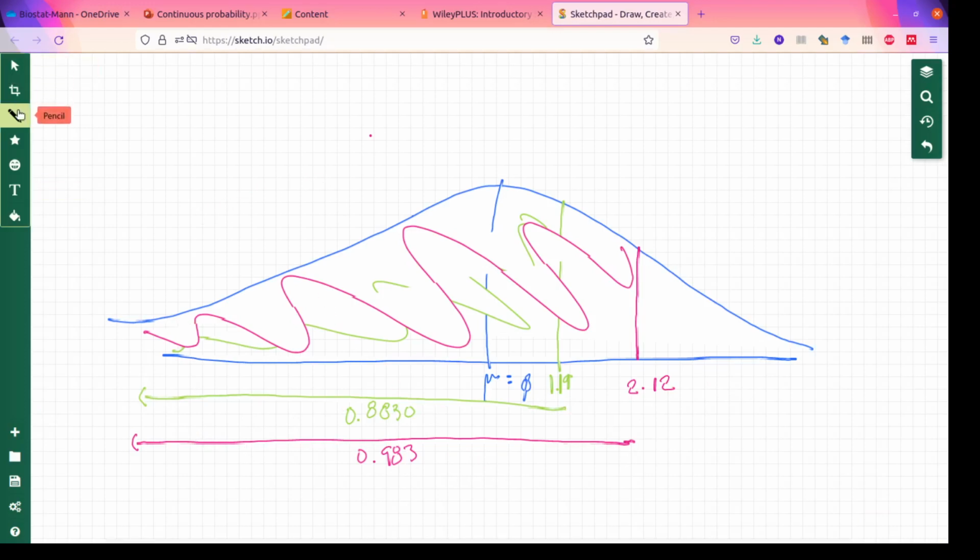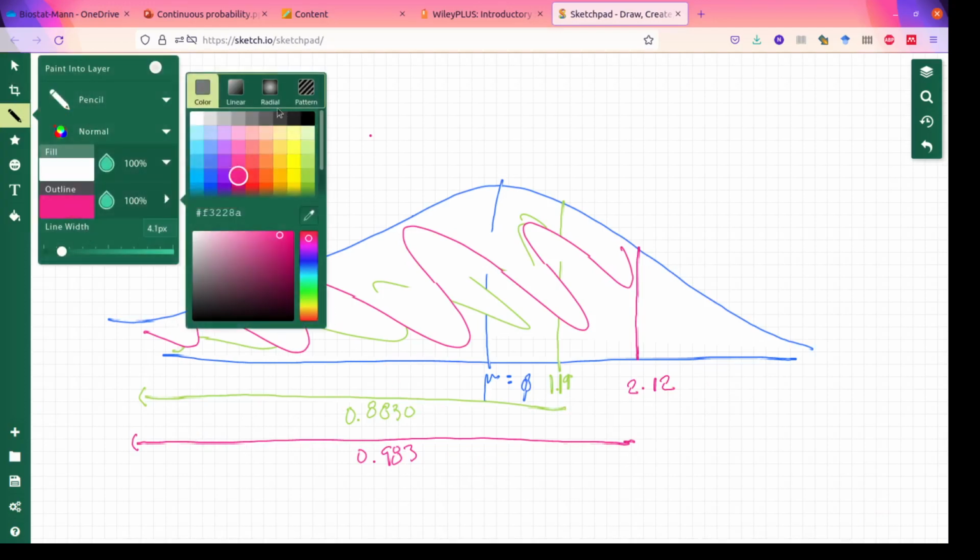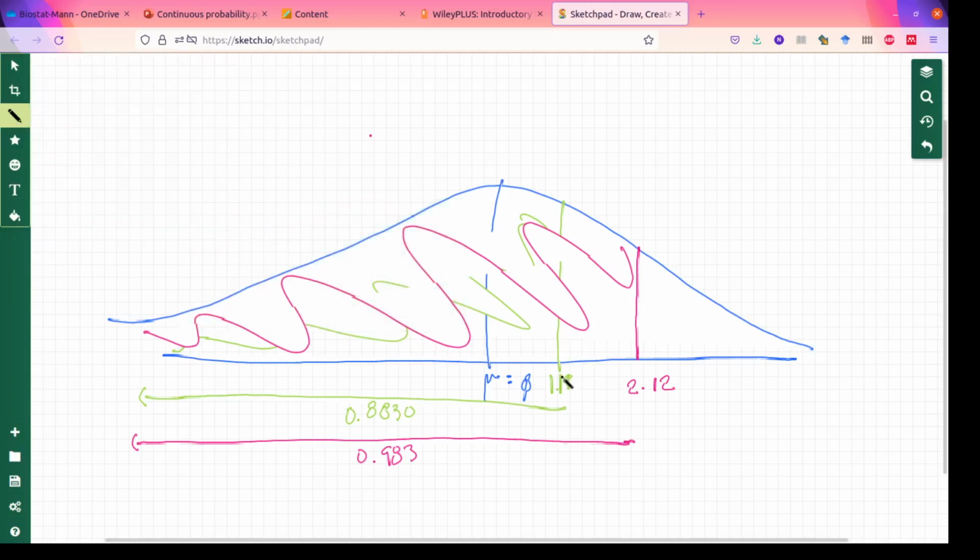But we are actually only interested, and let's just use black, in this particular spot between 1.19 and 2.12. So what's the value of this particular spot? From here to here, you get 0.983.